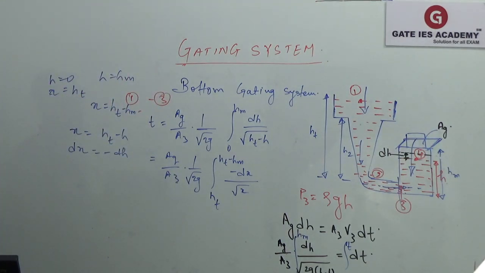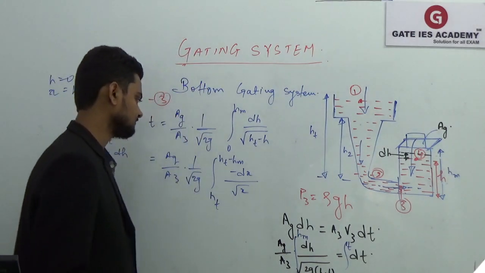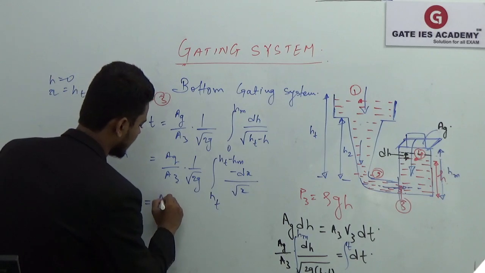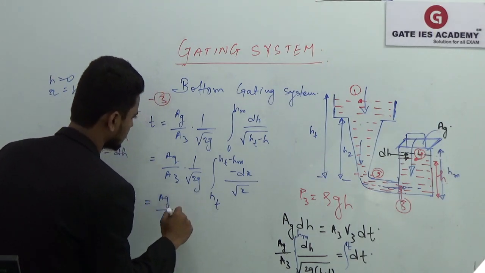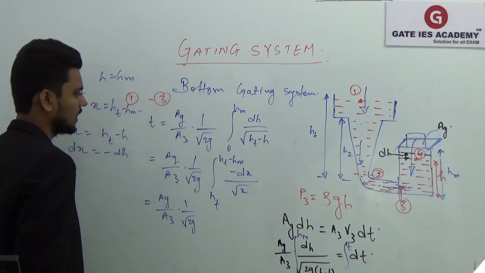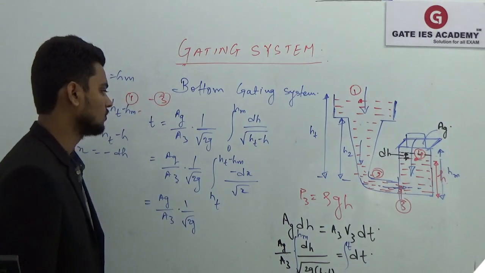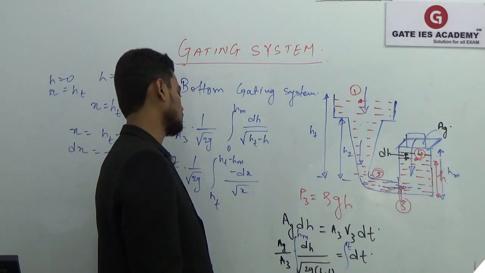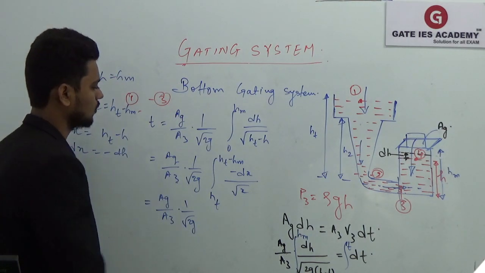The square root of x. Now do the integration of that, minus dx upon this one. So Ag upon A3 minus, say we'll take that, into 1 by root over 2g, and it will be x to the power minus 1 by 2 plus 1, so x to the power 1 by 2 is square root of x, and 1 by 2, so it will be 2.